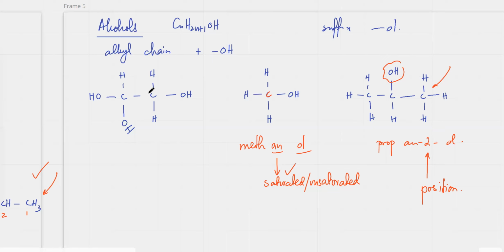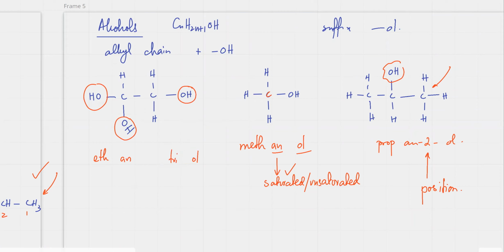So remember, the formula is the same, just like alkenes. A suffix that represents the functional group, and you tell the position of the functional group if that is required. What would you call this one? 2 carbon atoms, so it's going to start with eth, and then it's going to be an because it's saturated. All bonds are single bonds, and then there is ol, but there are 3 of them. If you've got 3 of them, that means it's a triol. So the OH groups are 3, and you have to mention the position of each one.